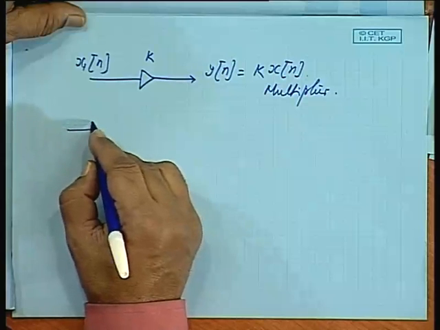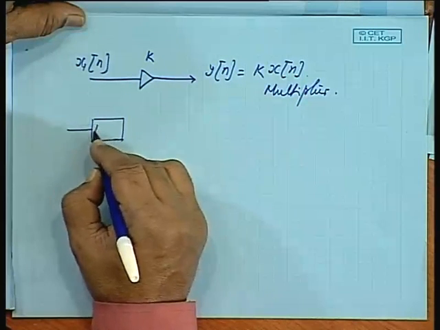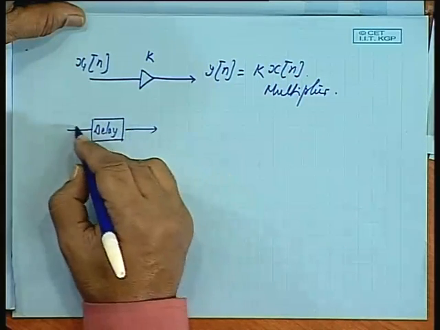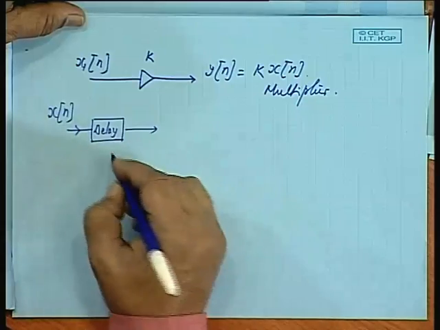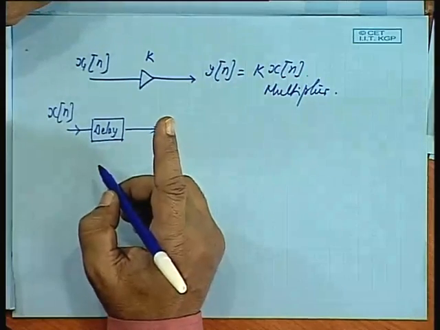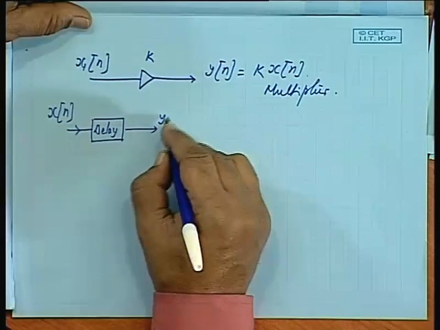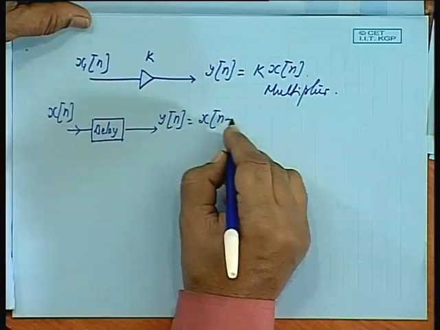Then we have the most important element, that is a delay element. If this is x n, and this is a unit delay, one sampling time delay, then the output y n will be x n minus 1.